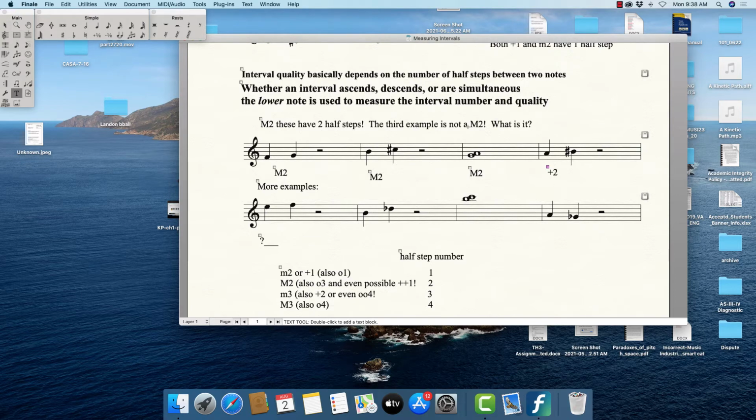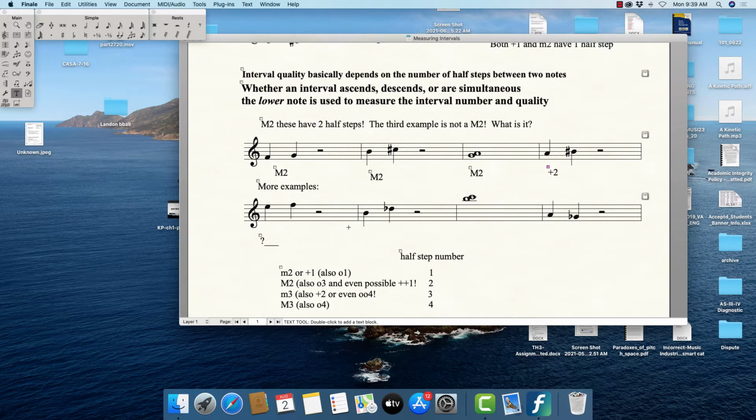And so that one we would call a minor second if this were, for example, A flat. But now if this A flat were even lower, then we'd have to call it a diminished second, which is kind of rare, so we won't worry too much about that one.